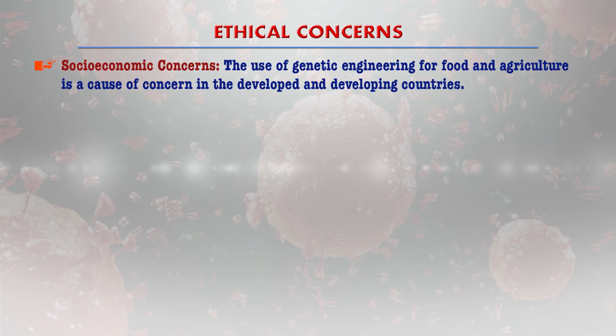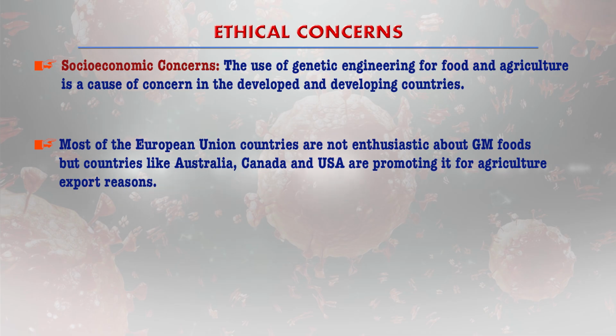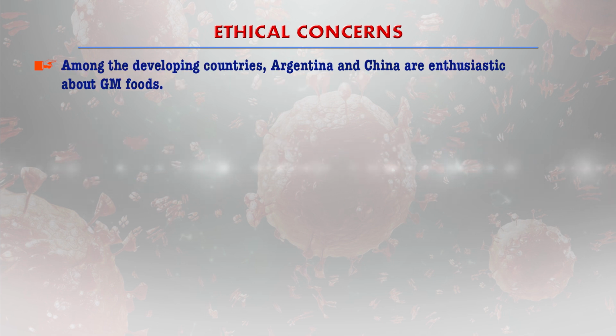The socio-economic concerns. The use of genetic engineering for food and agriculture is a major cause of concern in the developed as well as the developing countries. Most of the European Union countries are not enthusiastic about GM foods, but countries like Australia, Canada and USA have been promoting it for agriculture export reasons. Among the developing countries, Argentina and China are quite enthusiastic about these foods.